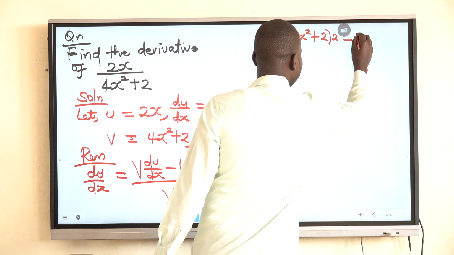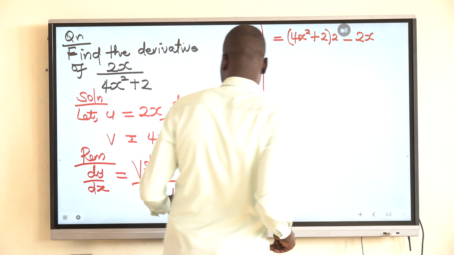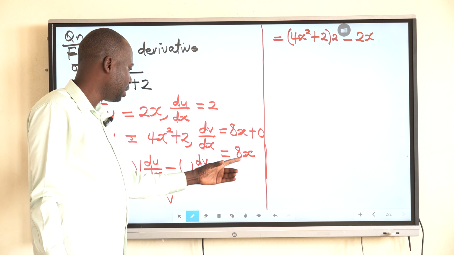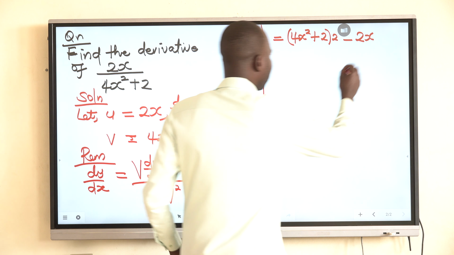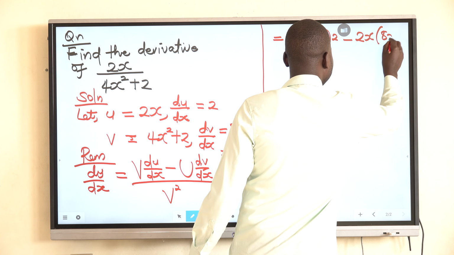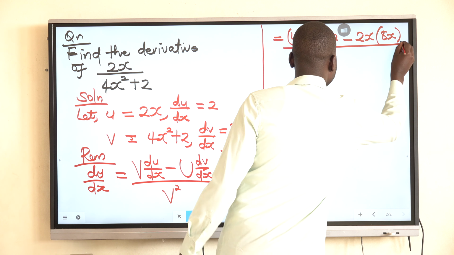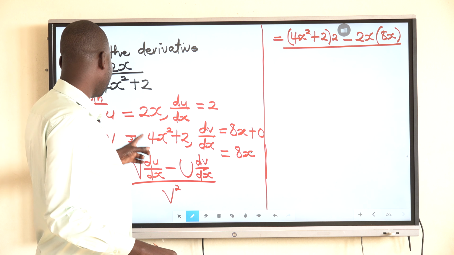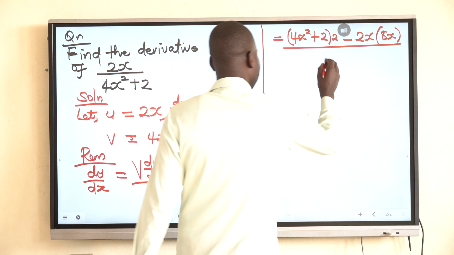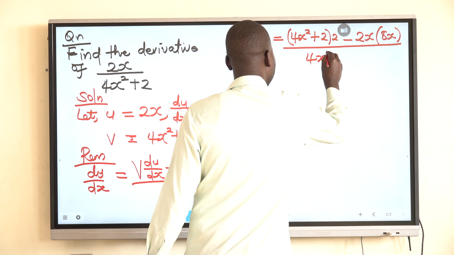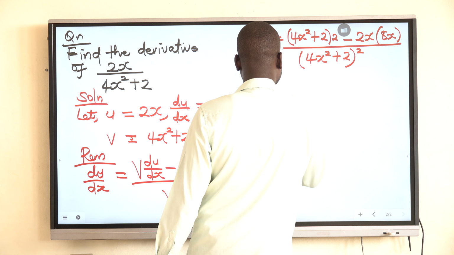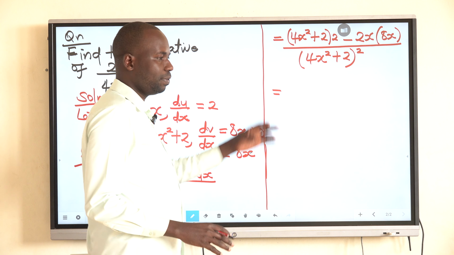So minus u, which is 2x, we are also going to multiply by dv/dx. dv/dx is 8x, so we multiply this by 8x. But everything is divided by v squared. So we get the value of v, which is 4x squared plus 2, and we square it. We can now simplify this.